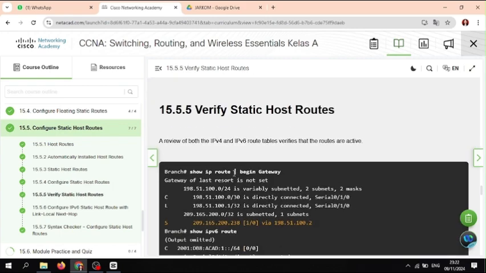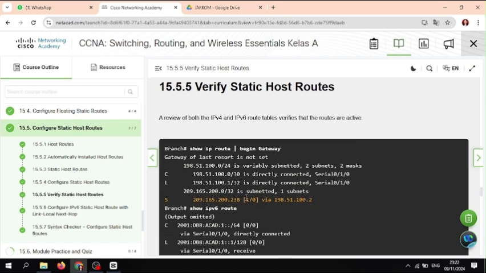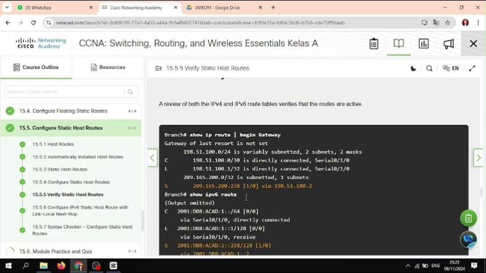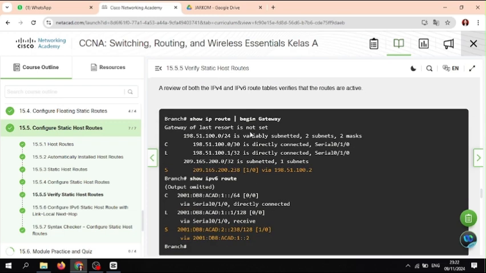Selanjutnya memverifikasi rute host statis. Jadi pada bagian ini untuk meninjau atau memverifikasi bahwa rute IPv4 dan IPv6 pada tabel itu aktif dengan menggunakan command seperti ini.